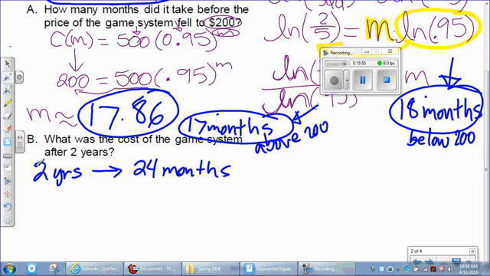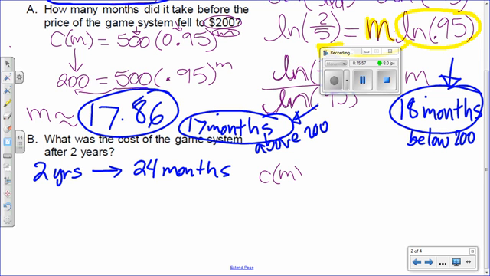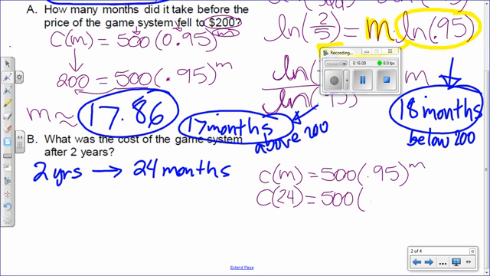Now let's see, what is the cost of the game after 2 years? So let's use the same equation. C of M is equal to the original price, 500, times 0.95 to the power M. So now we're finding C of 24, the cost after 24 months. So all you have to do is put it in your calculator.